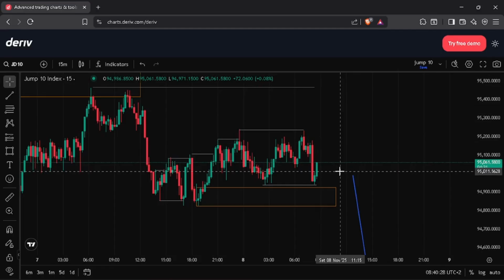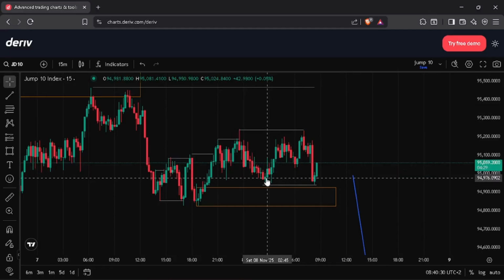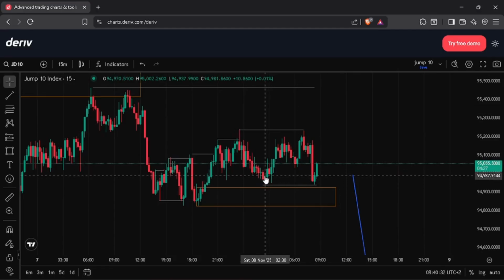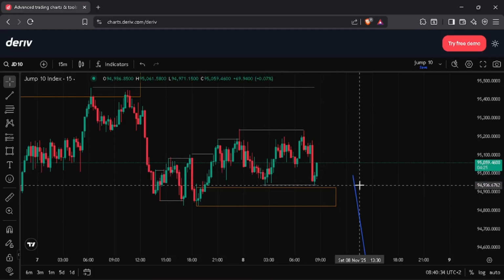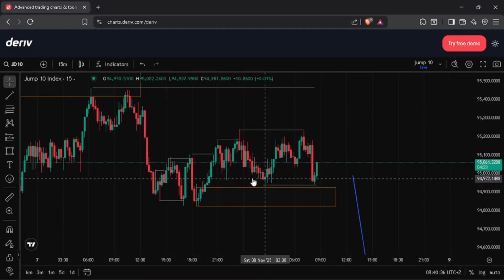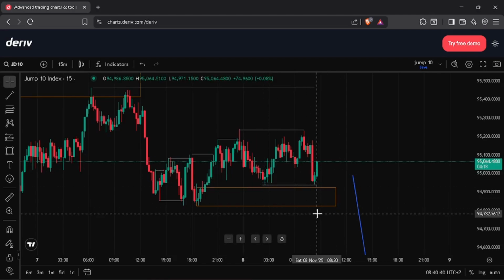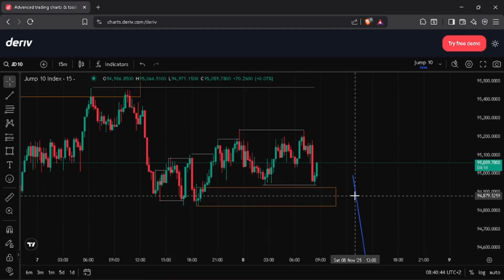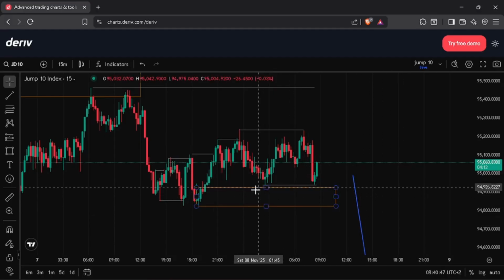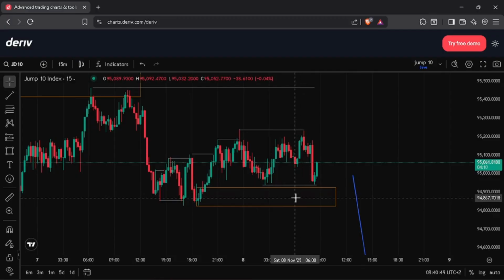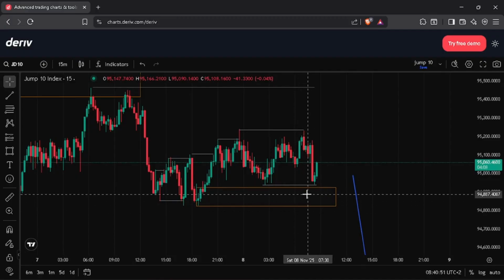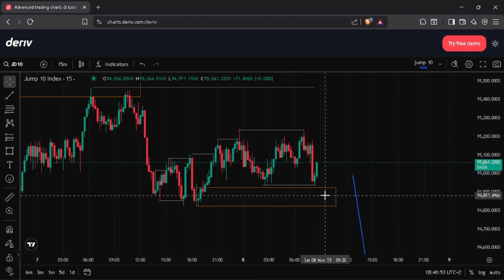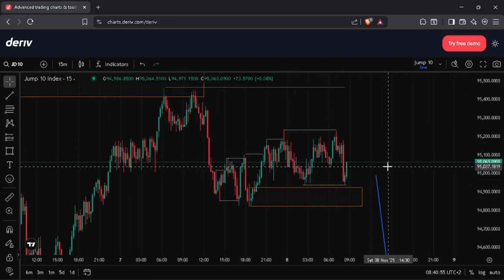Now I had a feeling that it's gonna bounce off this candle and go up, but when you take these types of trades, sometimes you win, sometimes you lose. So I'm gonna stick to what I know, and I'm gonna wait for the market to come and take us from this level and then all the way up there.